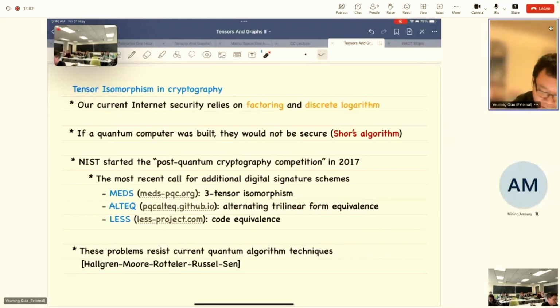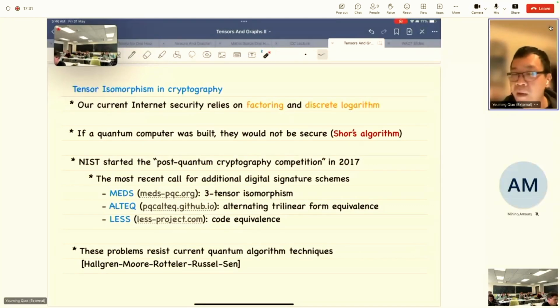One last comment on this is that these problems will resist current quantum algorithm techniques, by the work of Grochow, Moore, Rötteler, Russell, and Sen. Essentially, they show that if you follow the standard techniques from Shor's algorithm, like the so-called coset sampling, Fourier transform, and so on, you will not be able to make much progress on 3 tensor isomorphism, for example.